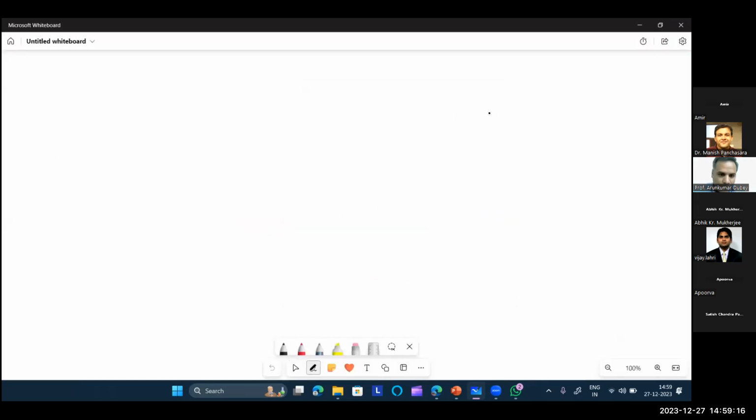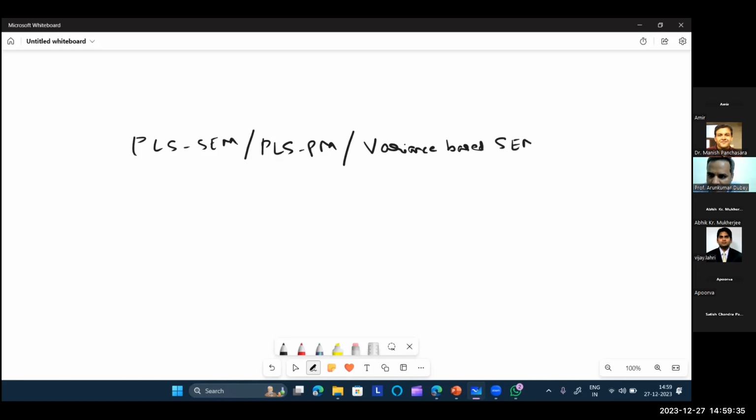People also call it PLS-PM, or variance-based approach to SEM, variance-based SEM, or composite SEM. Whenever you see these terms, PLS-SEM, PLS-PM, variance-based SEM, or composite SEM, we are talking about partial least square structure equation modeling.